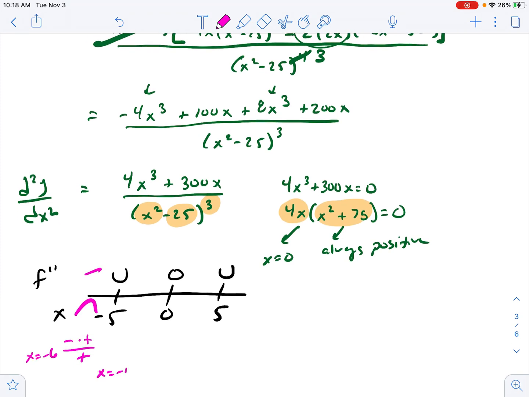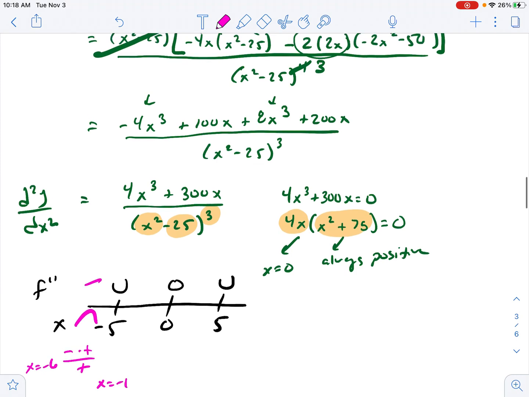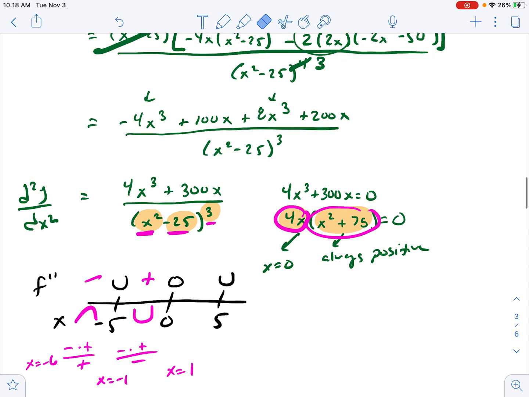If I take a number like -1, okay? Again, -1 times 4 is negative. That's positive. -1 squared is 1. Minus 25 is negative. Cubed is negative. Well, that makes a negative over a negative, which is a positive. We're concave up. Okay? At x equals +1.